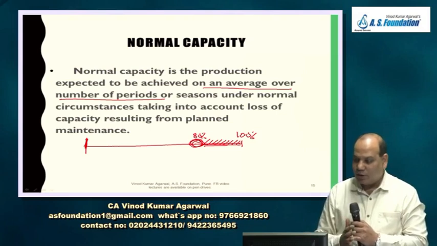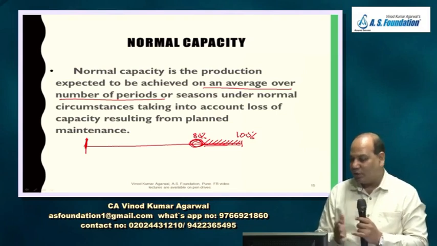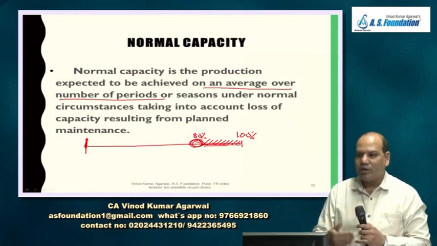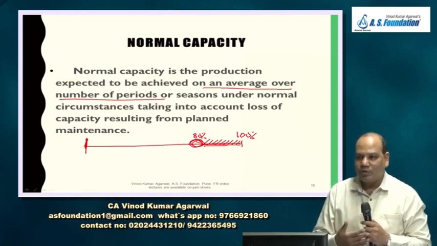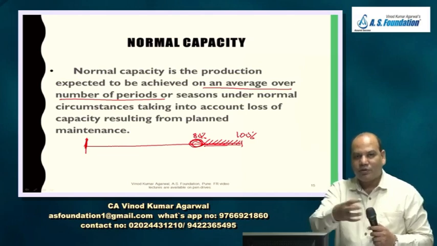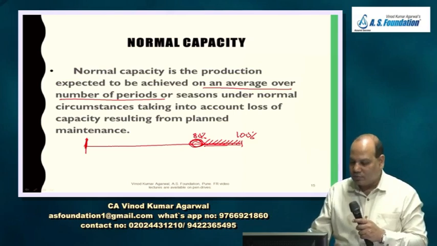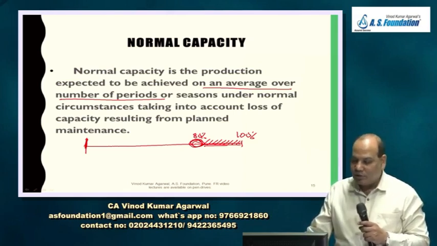What if it is a new entity? Then there is no history of past performance, so maybe you can see the industry trend. Practically, how are you going to apply it if it is a new company? Then in this industry, on an average, what is the capacity utilization? So some degree of judgment may be employed here in calculating the normal capacity.